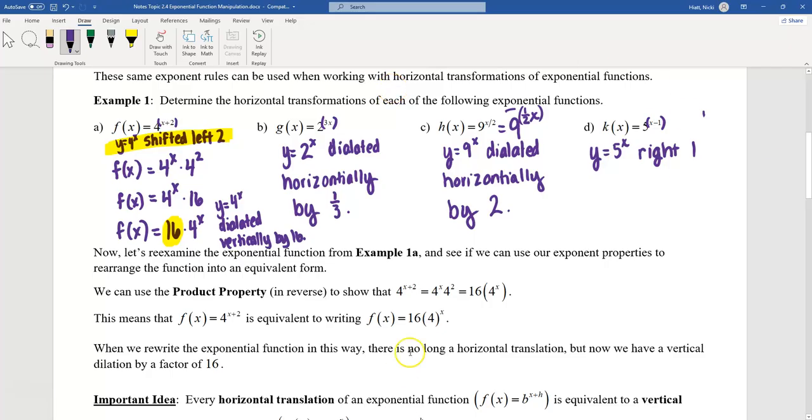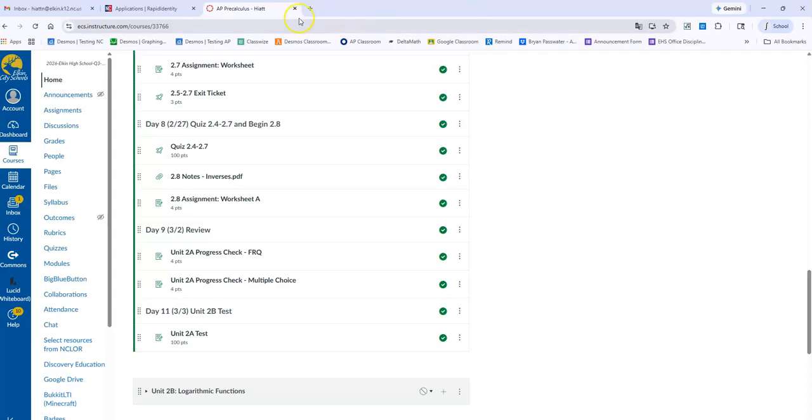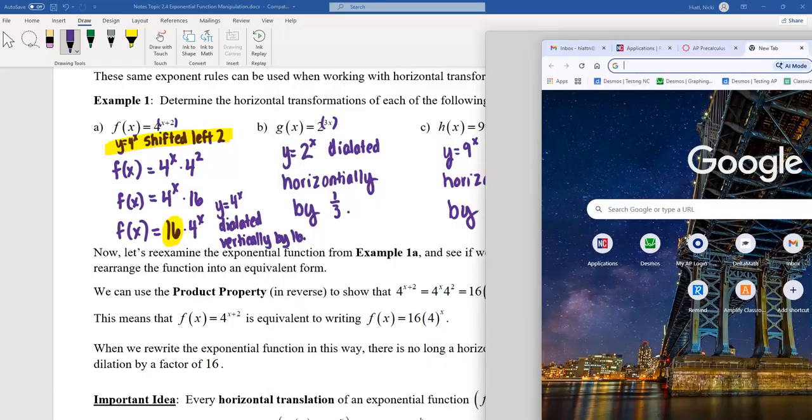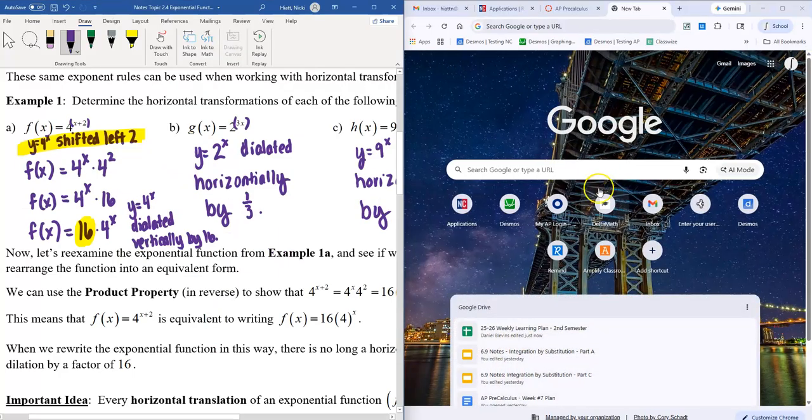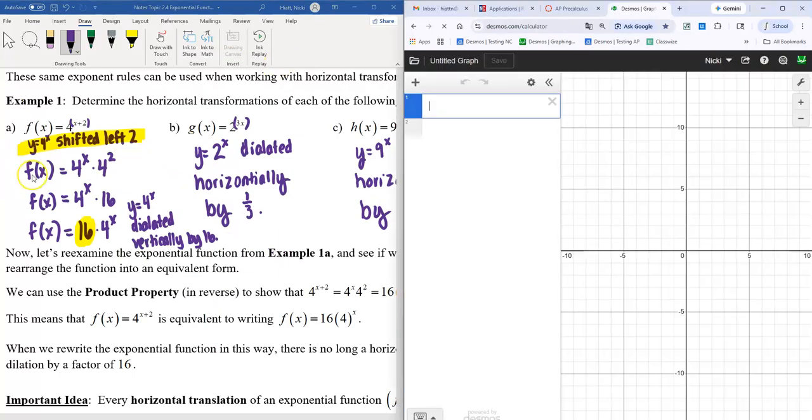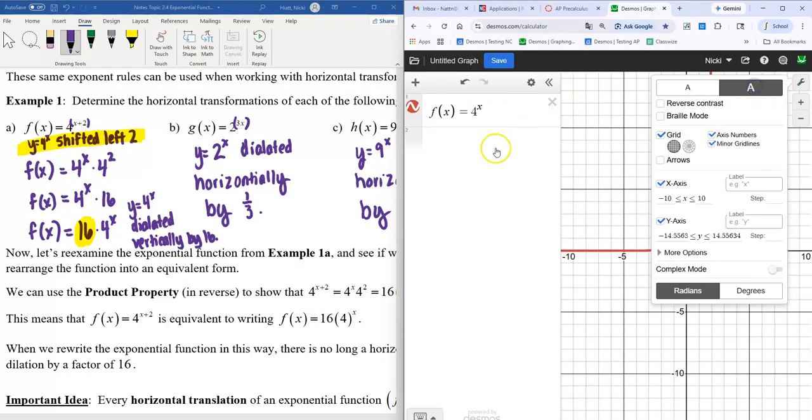Let me back up just a second. These will be calculator inactive, but I think it's helpful to see what this is even talking about here by graphing this on Desmos. So if we go back to that A, I'm going to put f of x equals 4 to the x power. That would be the parent function that we're dealing with right there.